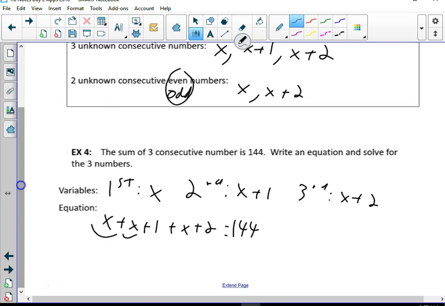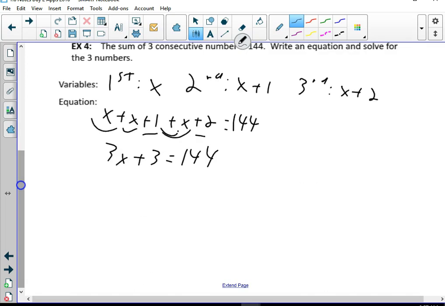And now we're going to join like terms. How many x's do we have? 3 x's. Numbers. 1 plus 2 is 3. 3x plus 3 equals 144. Okay? So what are we going to do now? Can't divide yet. We have to subtract the 3 first, right?